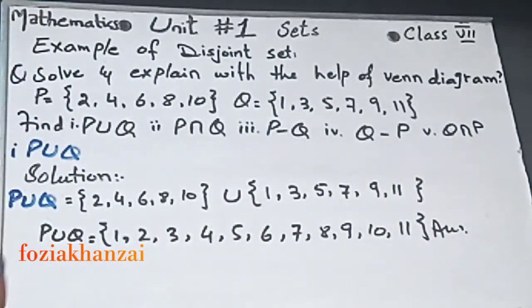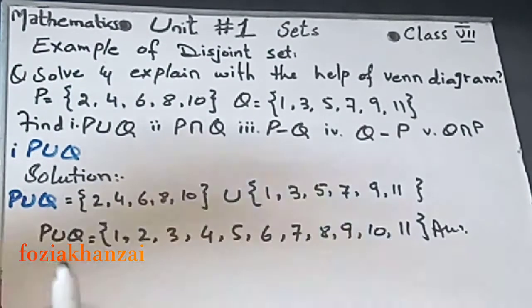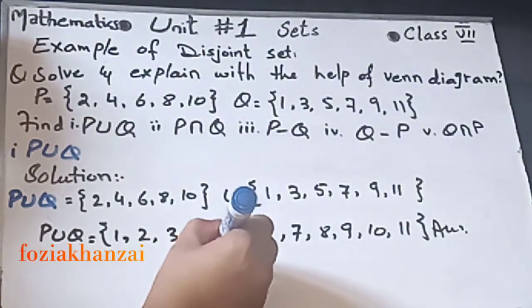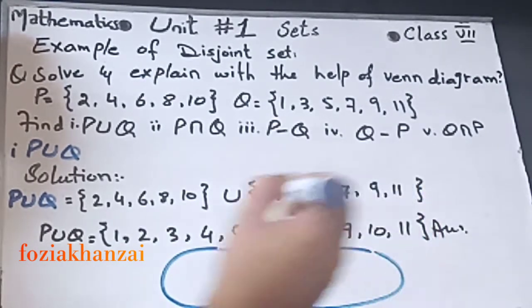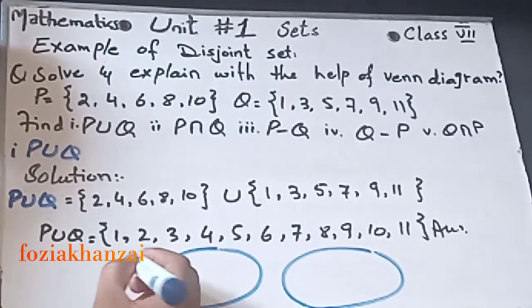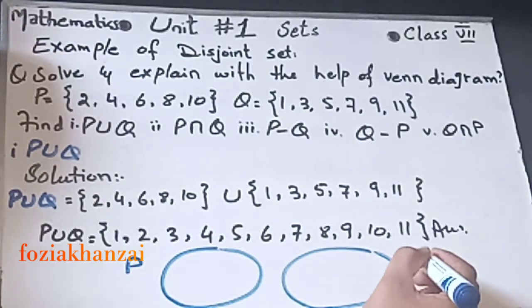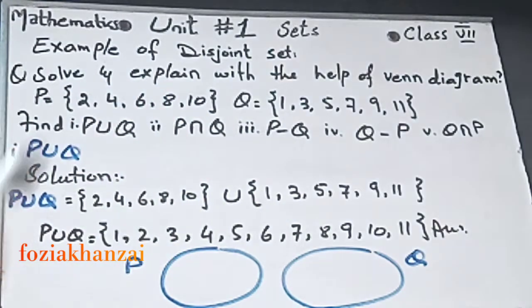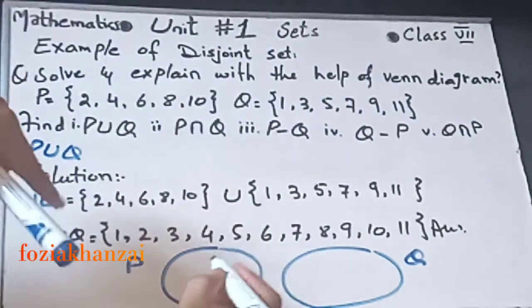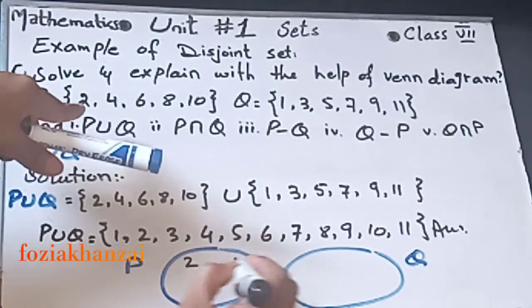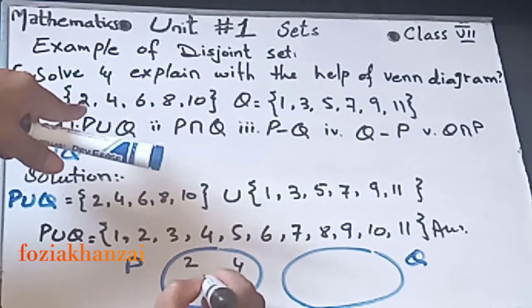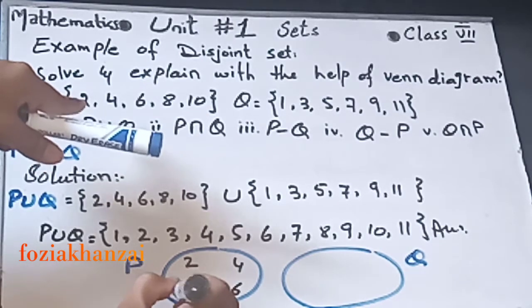Now we draw the Venn diagram. As you know, it's a disjoint set, so we draw two circles separately. First circle represents set P, then second circle represents set Q. We write down the elements which belong to set P: 2, 4, 6, 8, 10.